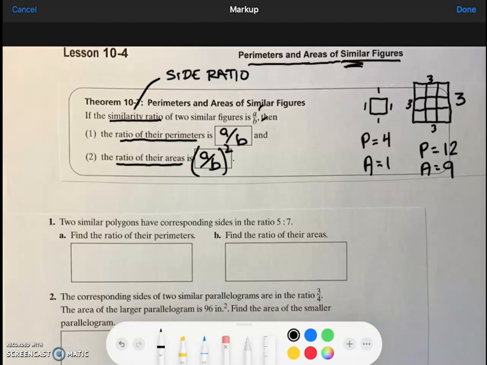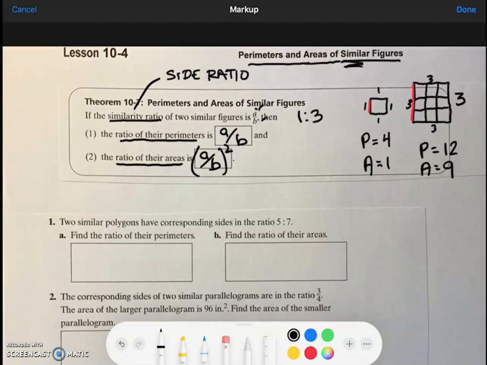Okay, I drew two pictures here to the right. These are two basically squares here. The similarity ratio would simply be comparing the side length. So like this side length is 1, this one here is 3. So we would say the similarity ratio of this guy is 1 to 3.